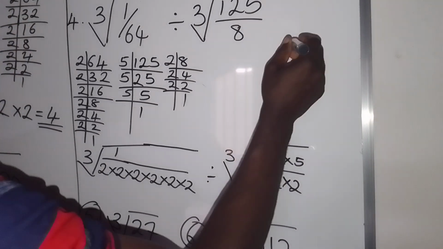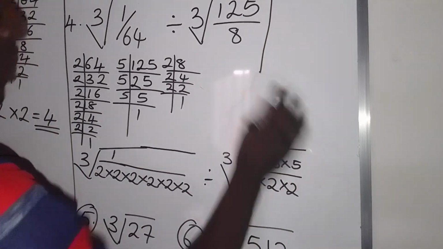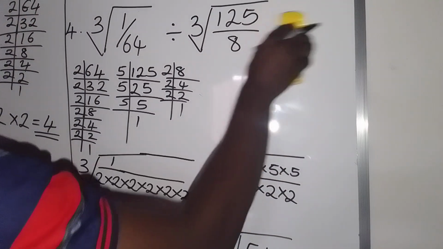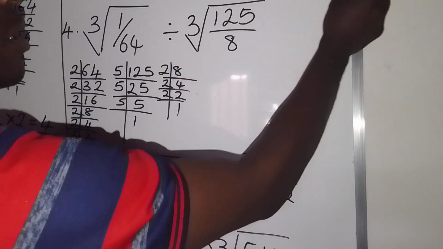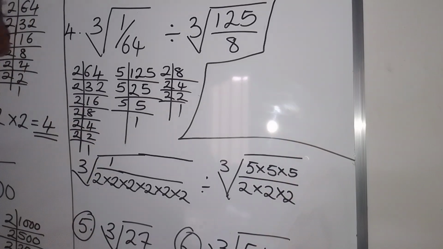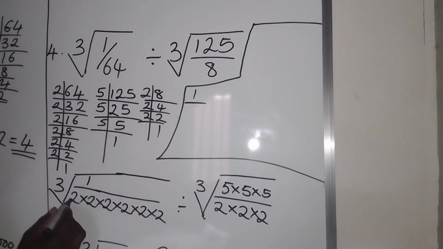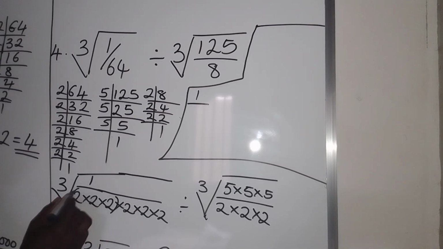Permit me to use this small space to complete the solving. The cube root of 1 is 1, all over 2 times 2 in brackets.